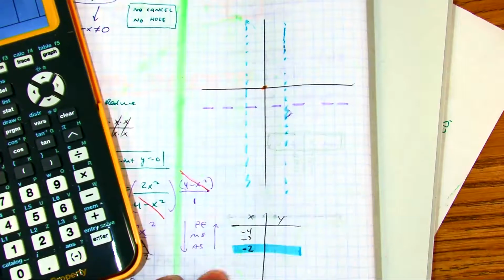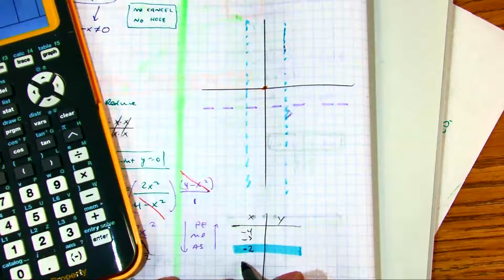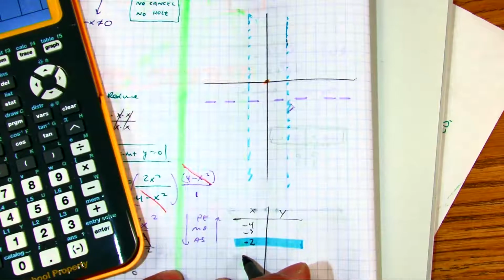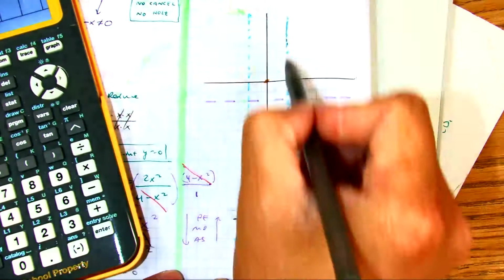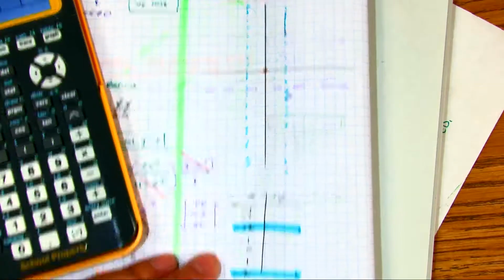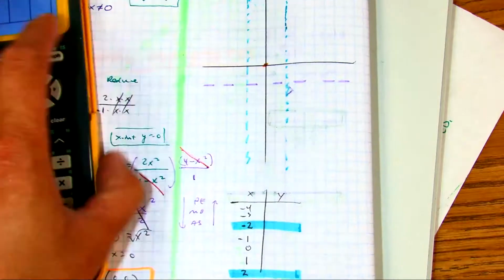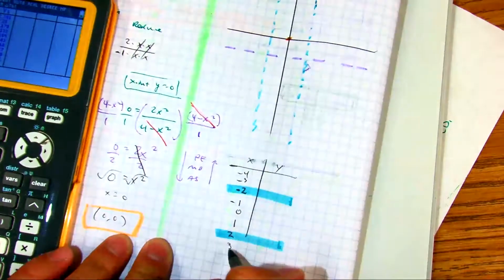Okay. I want numbers in between. What are those numbers? -1 and 0 and 1. And then I want the vertical asymptote because we already know what do you think the calculator is going to say at 2? Error, undefined, right? And then numbers to the right of it, like 3 and 4. Does that kind of make sense?